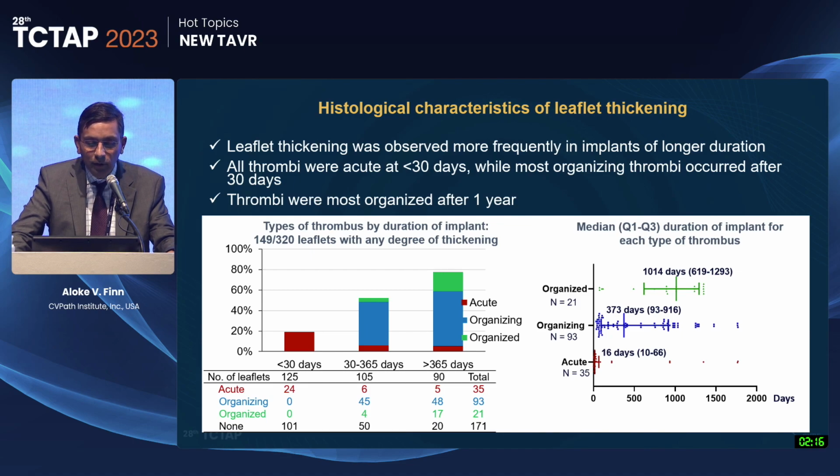And what was important to note is leaflet thickening was observed more frequently, as you would expect, in implants of longer duration. All thrombi less than 30 days were considered acute, while most organizing thrombi occurred in valves greater than 30 days. And you can see thrombi were almost exclusively organized after 1 year. And you can see here in terms of the organizing and acute thrombus, there were certainly very big differences in the amount of time that had passed.